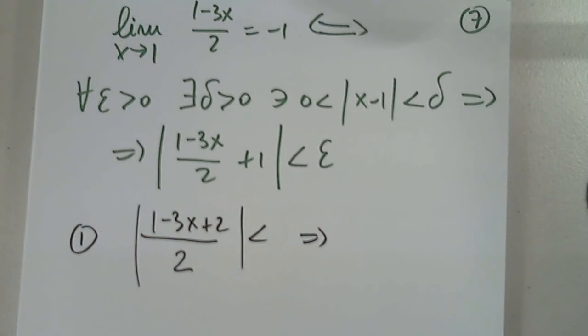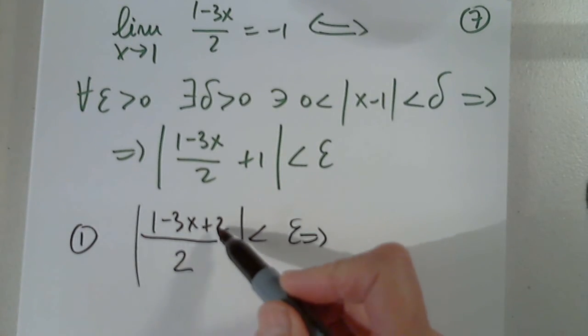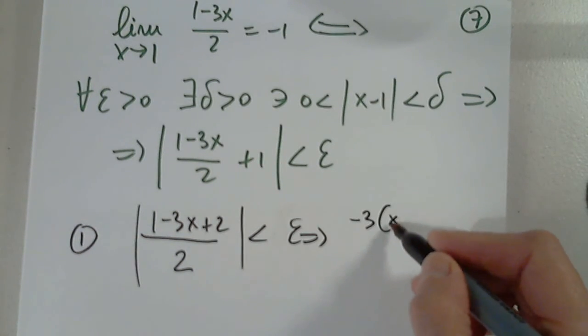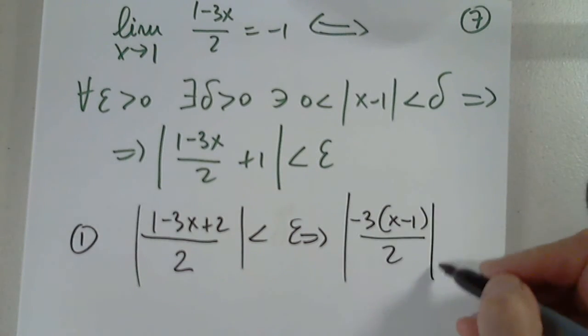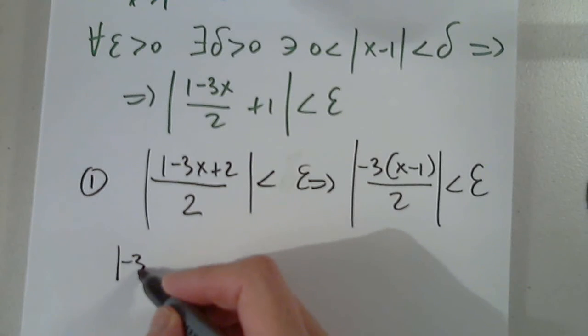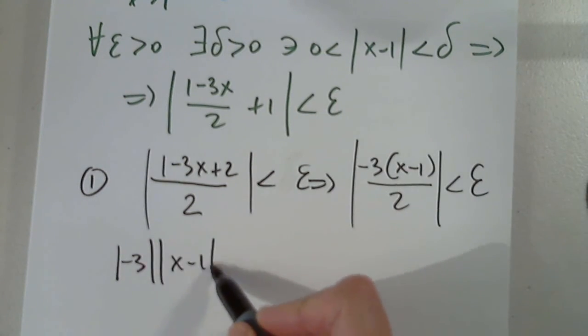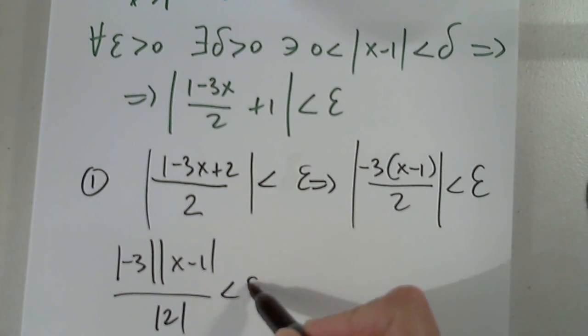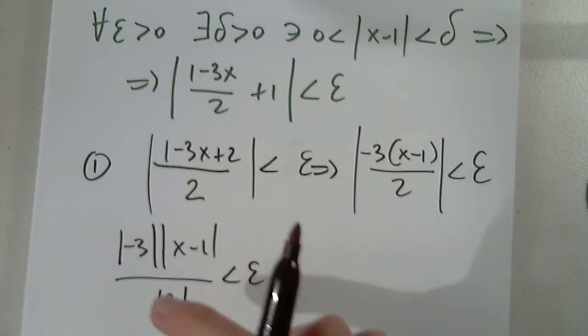Okay. So then it's negative 3x plus 3. I'll factor out negative 3. Then I write the property of absolute value. Now I change this into 3 and 2.